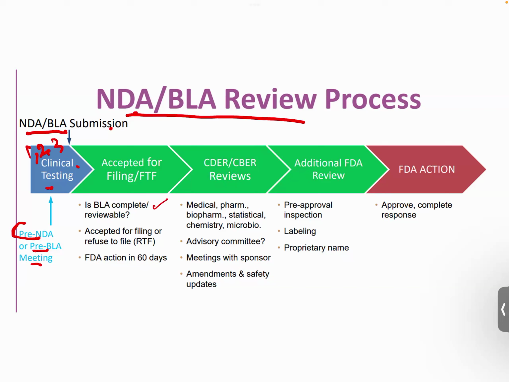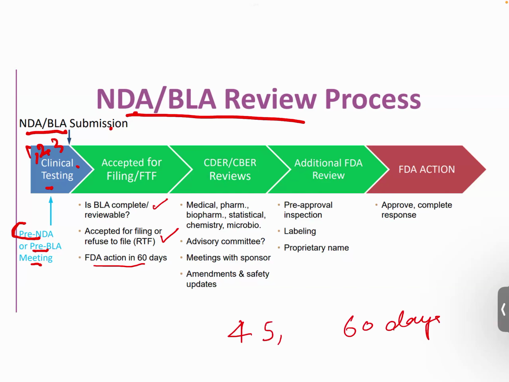I told you these days you need not worry about this because you have technology. For acceptable filing, FDA takes 60 days. India has two different timelines: 45 days for domestic applications, 60 days overall. So that's a small difference, right?